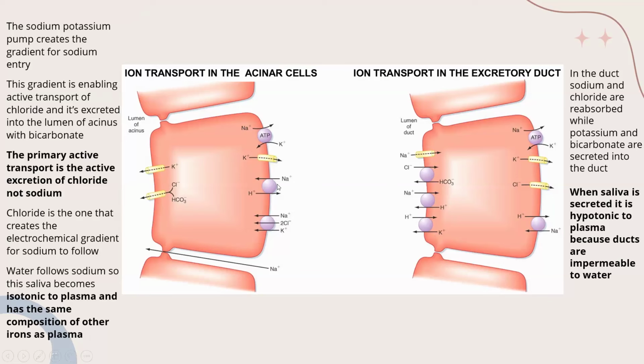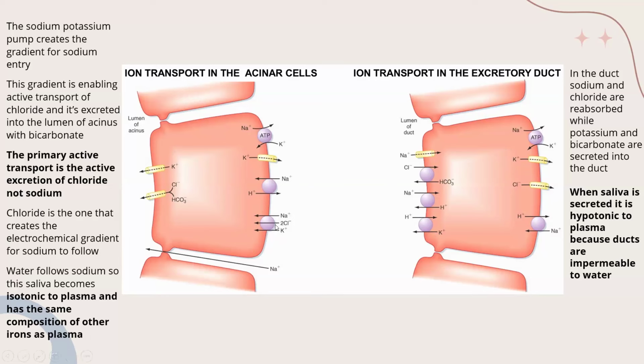So now the cell reacts by bringing in more Na, like in this channel, the Na-2Cl-K cotransporter. And basically, the primary active transport is the active excretion of chloride.